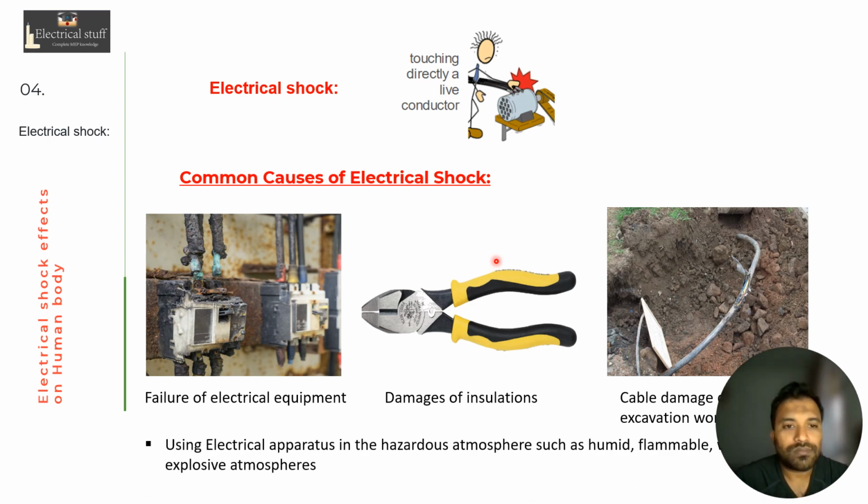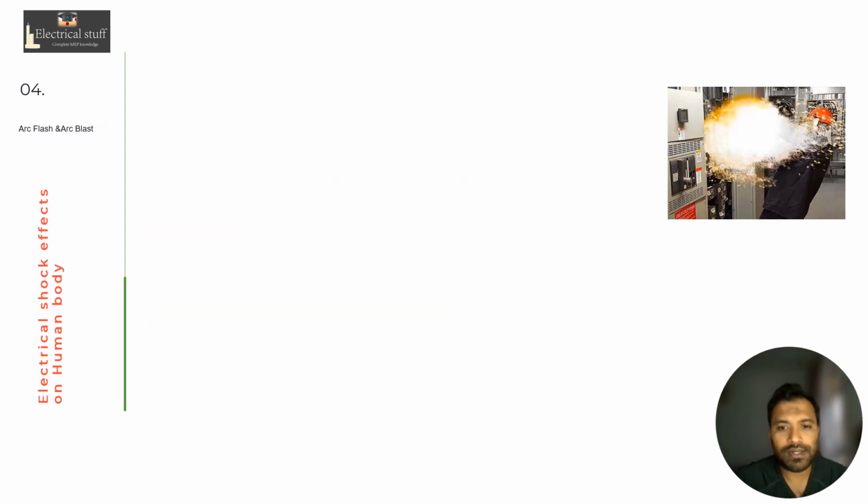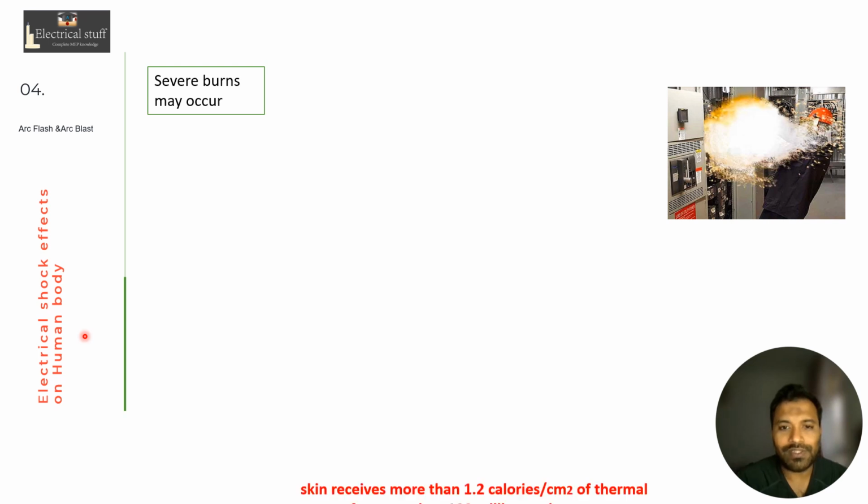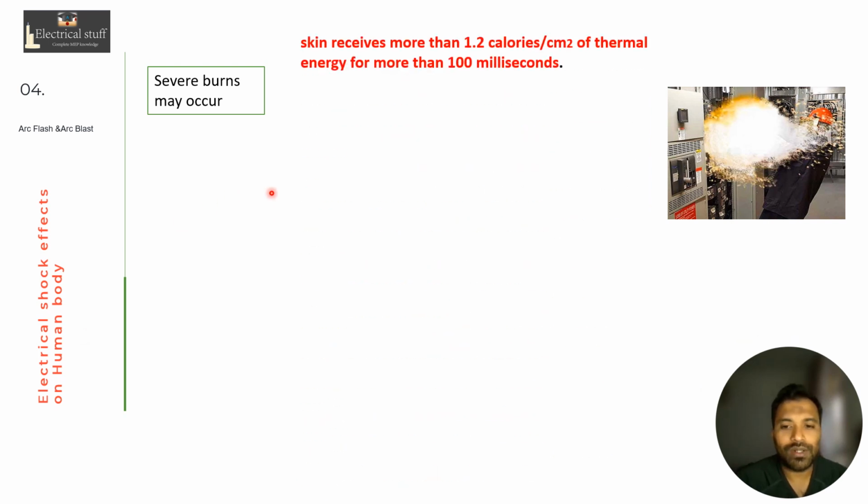Then we will see another hazard, that is arc flash or arc blast. You see this picture, this person is working, and suddenly an arc flash happens. So what will happen? We will see. Do you know severe burns may occur? How do they occur?